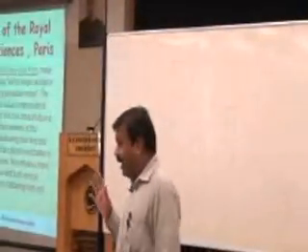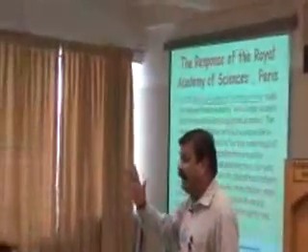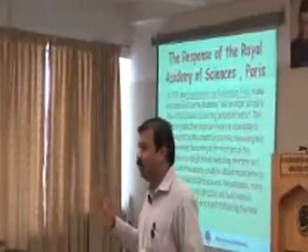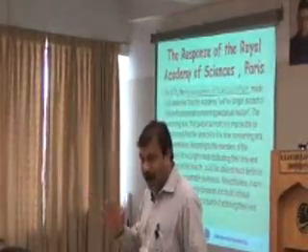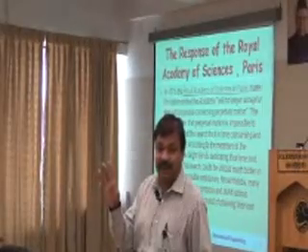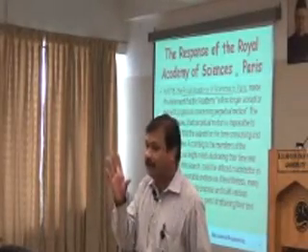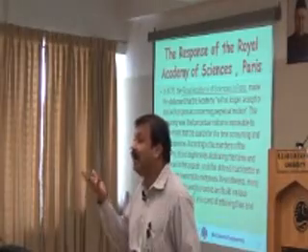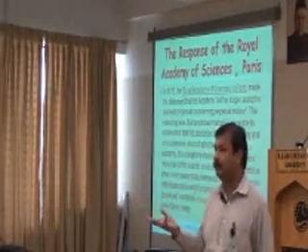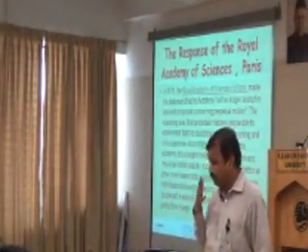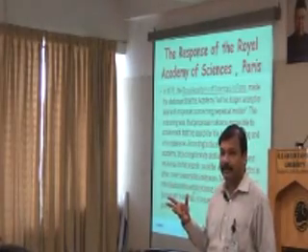In 1775, literally, they banned any research on perpetual motion machines, because many scientists and engineers committed suicide because they could not realize a perpetual motion machine. I am not joking. This is something which happened in history.